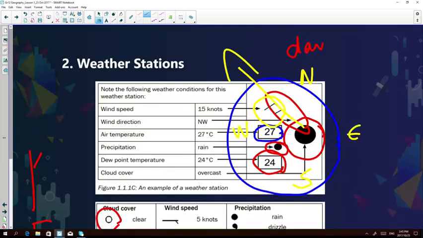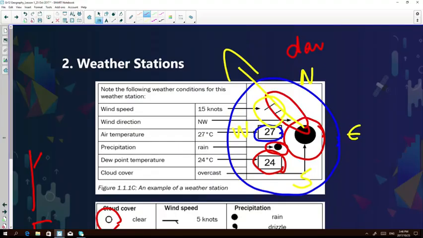When we are asked to discuss the type of weather that's being experienced, let's say in Johannesburg for the specific day, you need to use these elements to describe the weather. So if the question in the exam states, describe the weather that Johannesburg is experiencing today, you need to refer to it as follows.